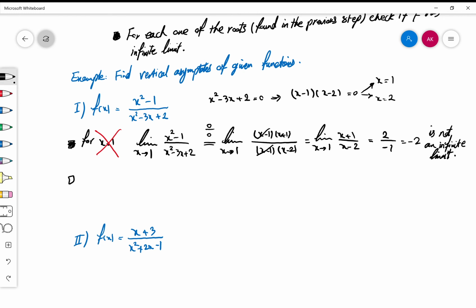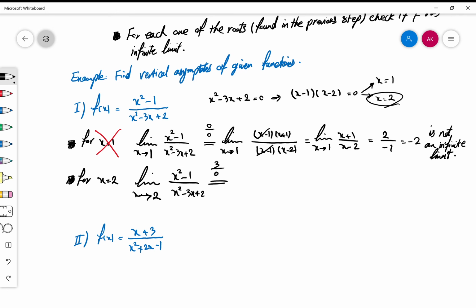Then the second thing, there was another point, x equal to 2. So we have the limit of (x squared minus 1) over (x squared minus 3x plus 2) as x goes to 2. This is 4 minus 1 is 3 over 0.